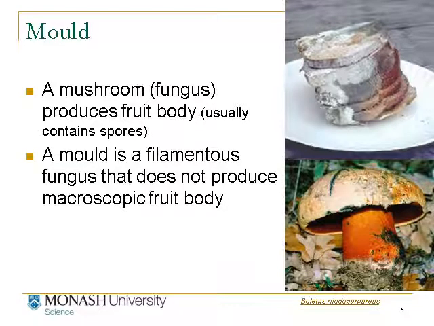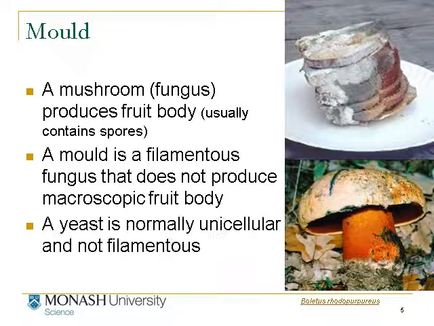A mold is generally a filamentous fungus that does not produce a microscopic fruiting body, and is normally seen as powdery growth on food and foodstuff, like shown in the top picture. A yeast is also fungi, and this is normally unicellular in growth, and they are non-filamentous.